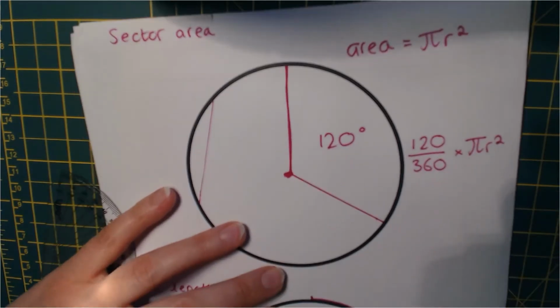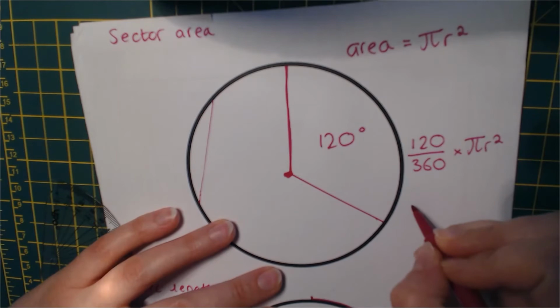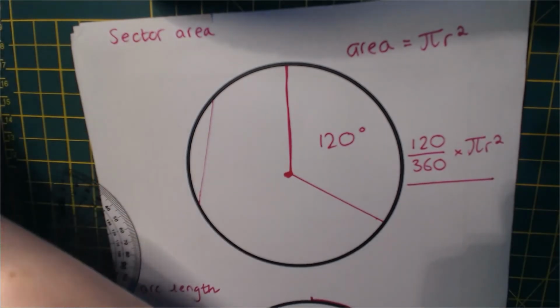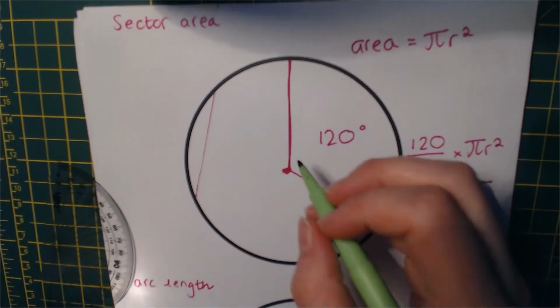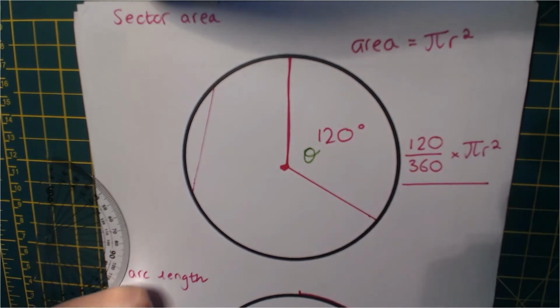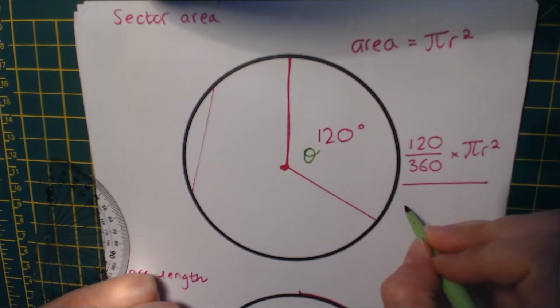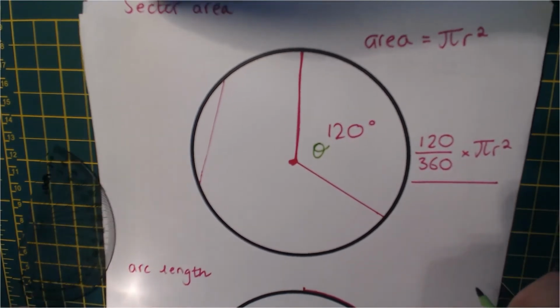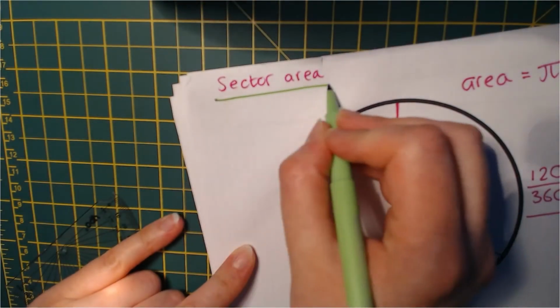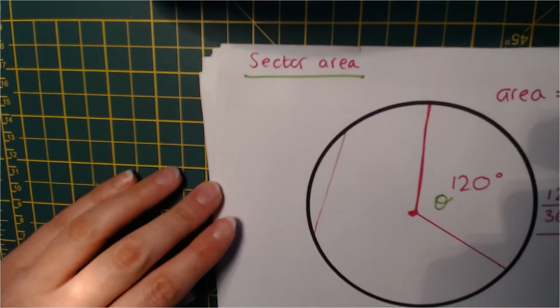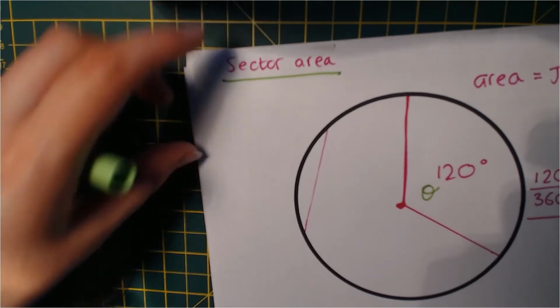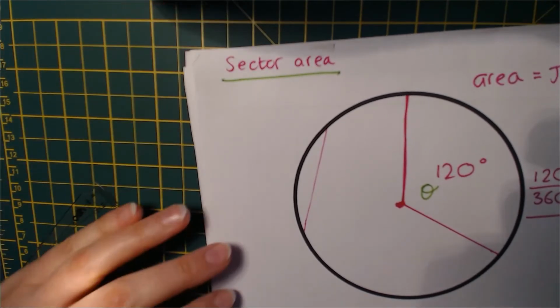Okay, and if you want that in more general terms, I'll get this other colour just so it pops out for more general. We'll call this theta, okay, the angle. I'm just going to write it over here actually underneath sector area. So it might be worth writing this down as a general equation, or general formula by now.